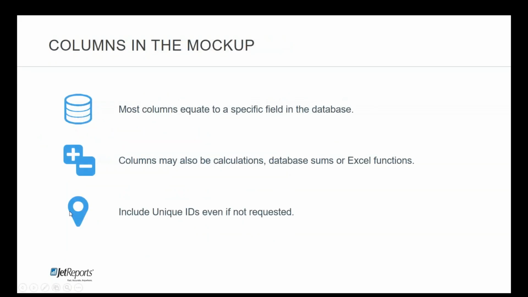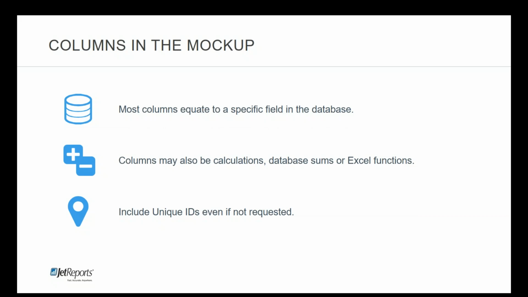So as we think about our report, the last thing we always want to include in our column headers are unique identifiers. Unique identifiers are those things that will uniquely identify entities in my database, whether it's a customer, a vendor, a GL account, or an item number. Even if they're not requested, we know as we build reports, we need that unique identifier.